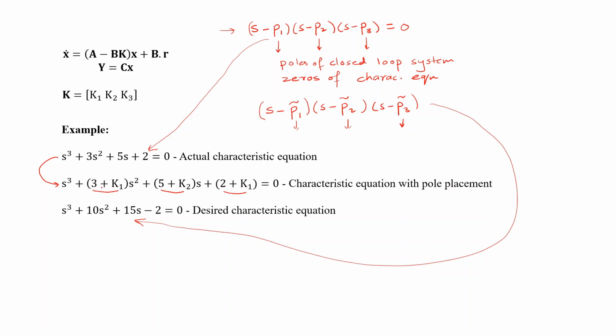Now if you compare these with this desired characteristic equation, it shows that K1 in this example should be 7 because 3 plus 7 will be 10. Similarly here K2 in this equation will be 10, then it will be 15, and here it is K3. So K3 will be equal to minus 4.